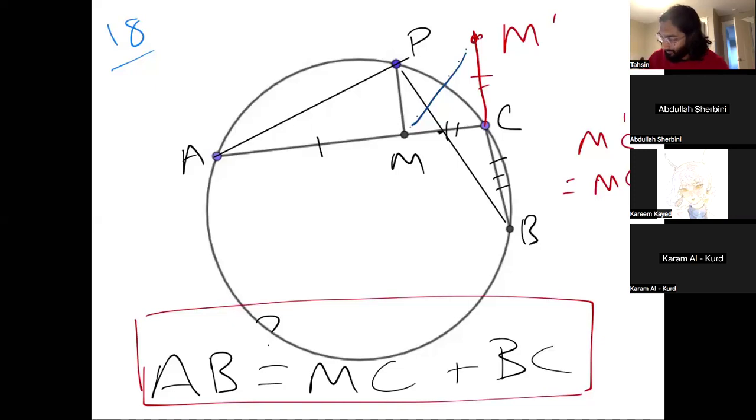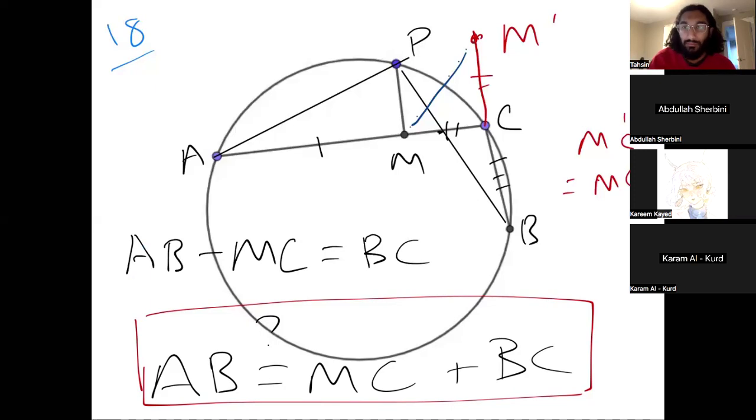Here's maybe something that can change our point of view. Let's instead think AB minus MC equals BC. So if you write it like this, what is the... sorry, did I write the correct one? Something I've written wrong.